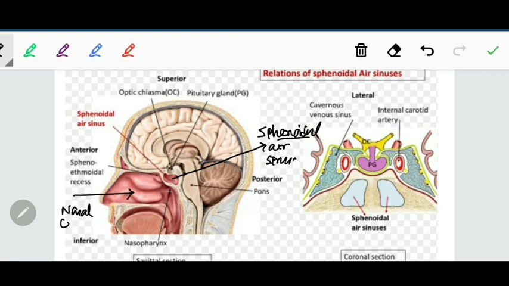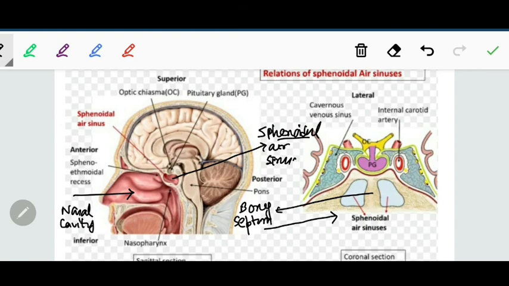This is the nasal cavity. They are separated from each other by a bony septum. In the coronal section we can see the bony septum separating the sphenoidal sinuses. The two sinuses are usually asymmetrical, and each sinus drains into the sphenoethmoidal recess of the nasal cavity.